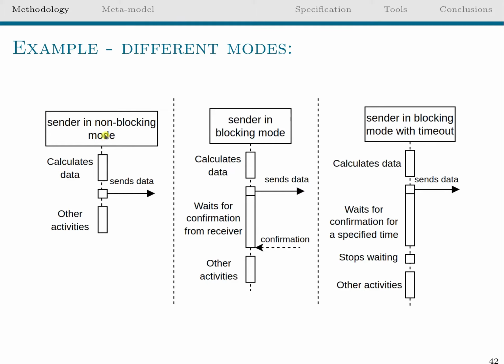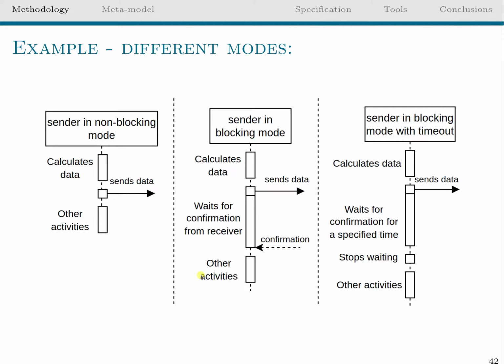When the sender performs its activities in non-blocking mode, it means that when it finishes calculating new data within the output buffers, it sends them, and then it performs its other activities. In blocking mode, whenever it sends data, it waits until it receives the confirmation. And since the confirmation may not appear, because there can be some error or problem with the receiver, the sender may wait endlessly.